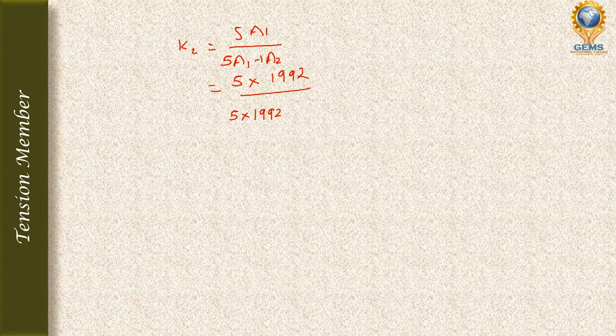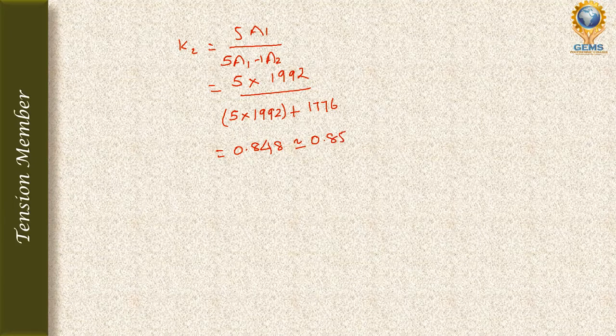We substitute the A1 and A2 values in the K2 value, that is 5A1 by 5A1 plus A2. So it is 5 into 1992 divided by 5 into 1992 plus 1776. So we are getting 0.848, or we'll take it as 0.85.